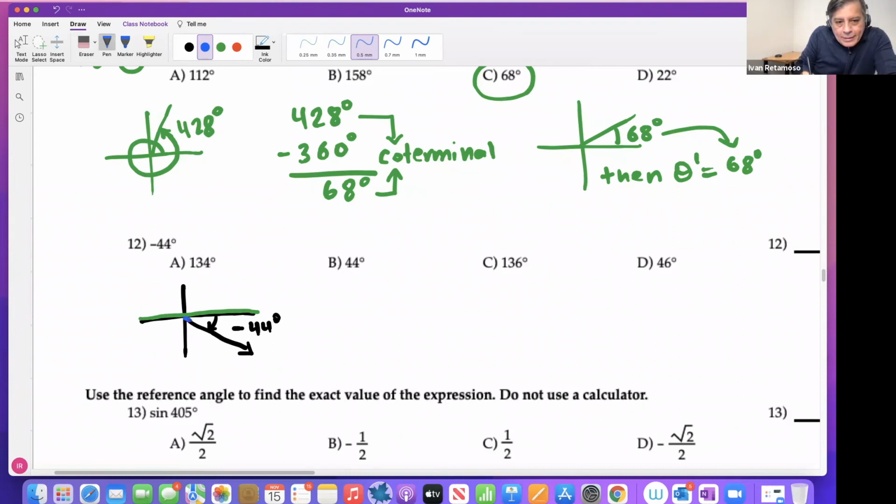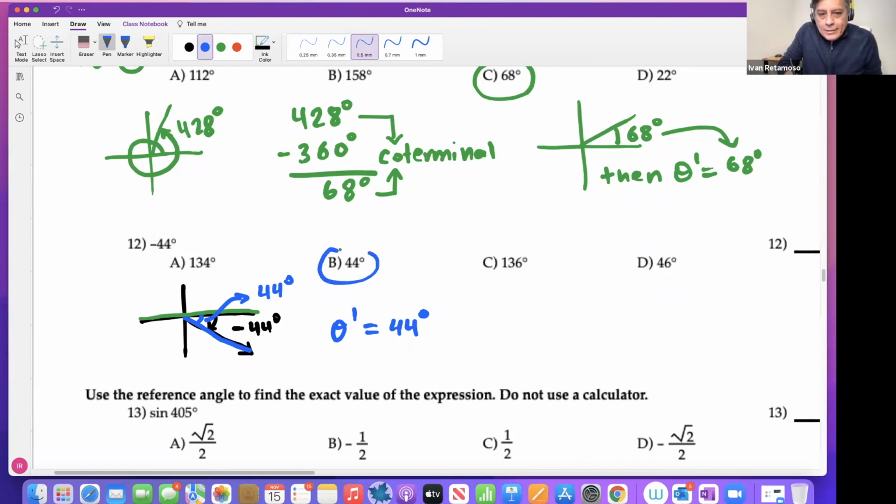This is the terminal side, right? That acute angle formed is this guy. So this guy, positive, always positive, the reference angle, right? So theta prime equal 44 degrees. You follow, guys? Tricky, but doesn't have a formula really, right? But you gotta follow the definition for negative angles.